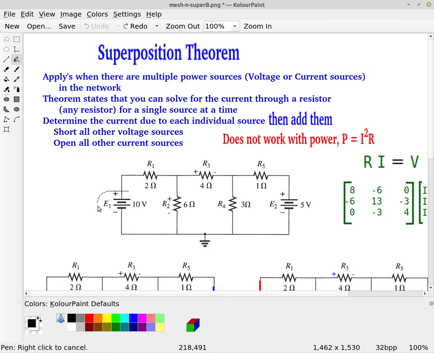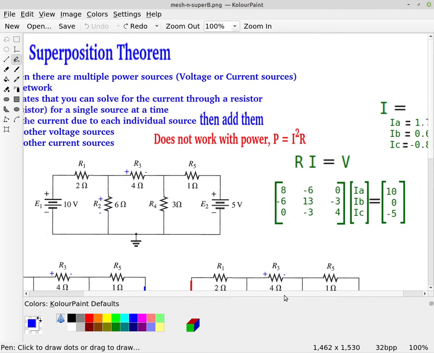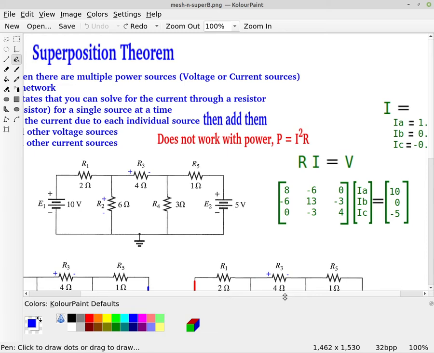So if we're going to do like this voltage source, we're going to short the second voltage source and find the current, and then we'll short this one and put the other one back in.